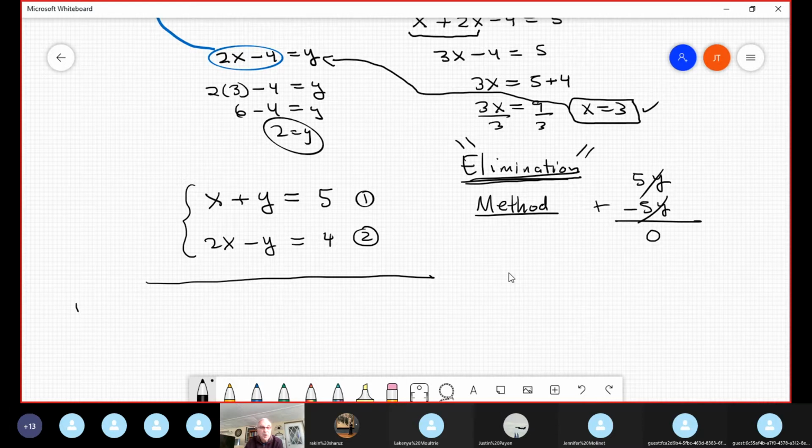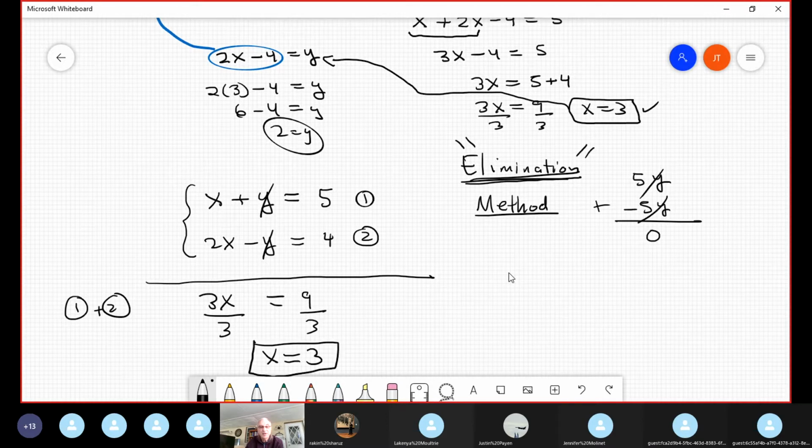You add equation 1 plus equation 2 by column. x plus 2x is 3x. And positive y and negative y is gone. Elimination. And 5 plus 4 is 9. Divided by 3. x equals 9 divided by 3, which is 3. Wow, amazing.